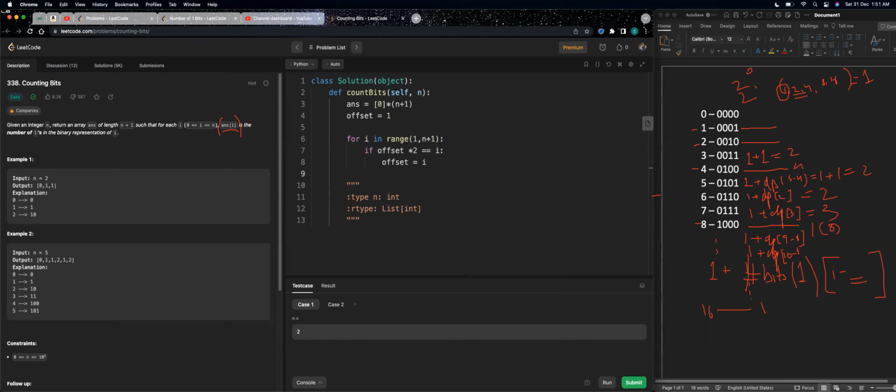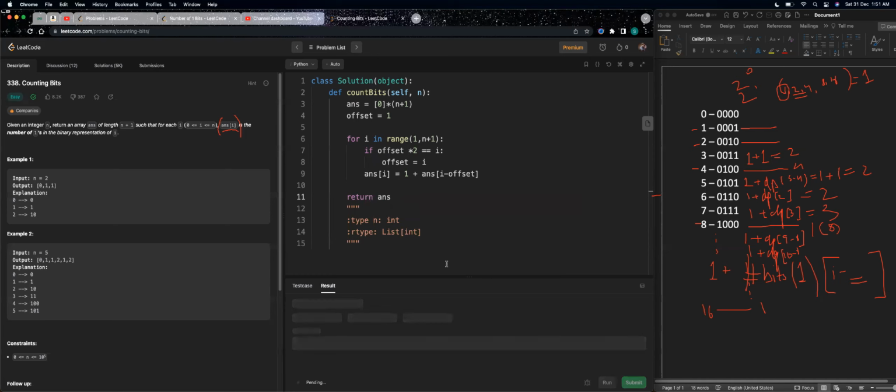Other than that, the only thing we need to do is update the ith value of our answer array as 1 plus answer of i minus the offset value. And we would just have to return our answer array.